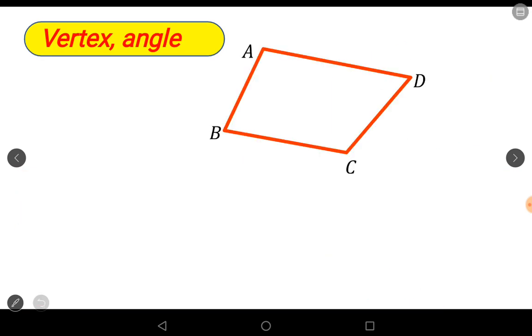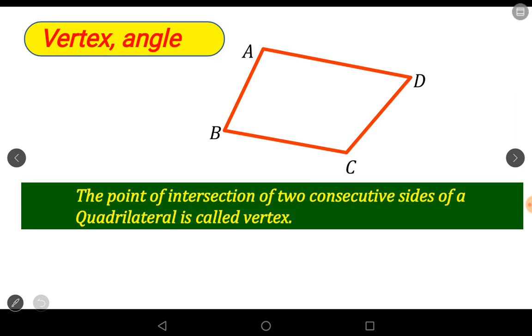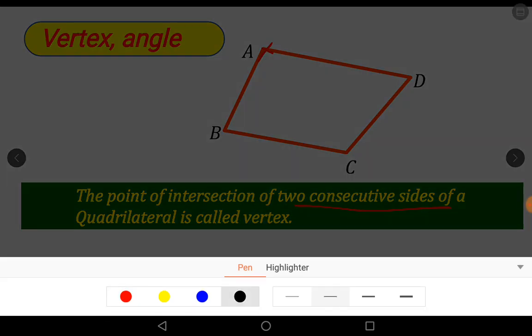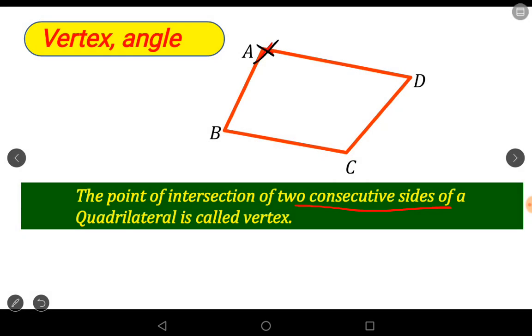Next one, vertex and angle. The point of intersection of 2 consecutive sides of a quadrilateral is called a vertex. Here observe the figure. ABCD is a quadrilateral. AB and AD are 2 adjacent sides, and the common point is A. So this is a vertex, B is a vertex, C is a vertex, D is a vertex.